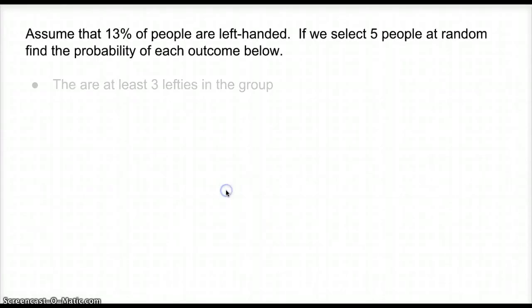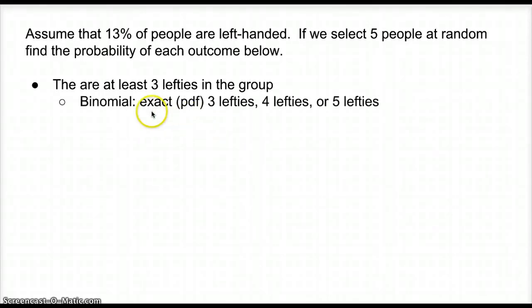Same question again, this time another probability: there are at least 3 lefties in the group. So figure out if you think it's geometric or binomial, and remember that it says at least 3. So binomial is exact, because we could have 3, we could have 4, or we could have 5. So this is like that previous problem where it could have been the 2nd or 3rd choice.